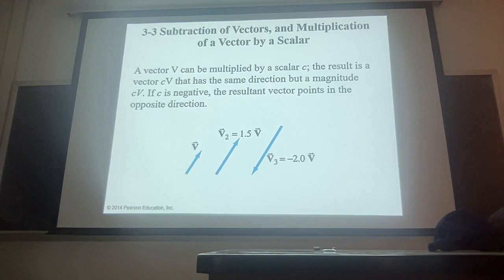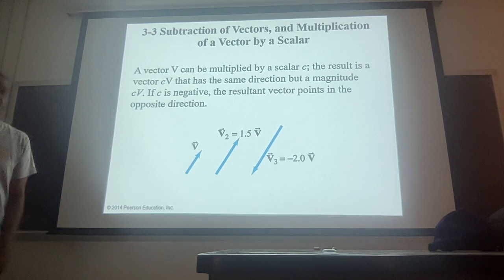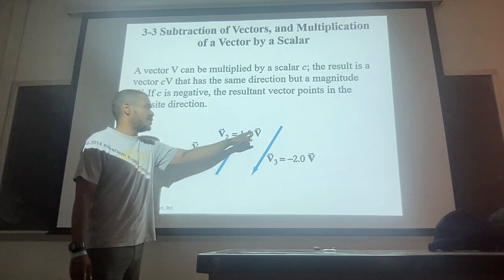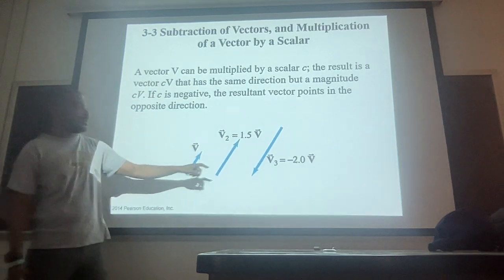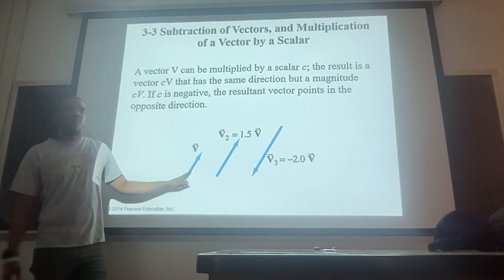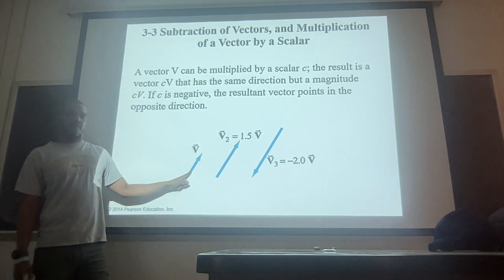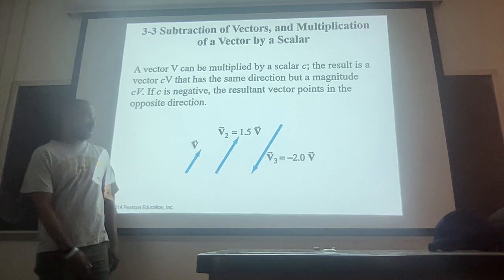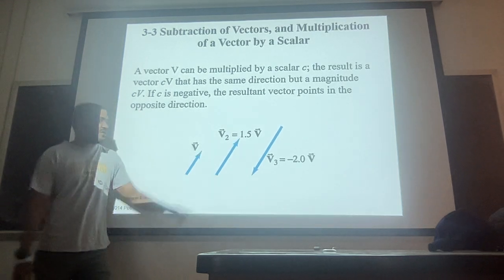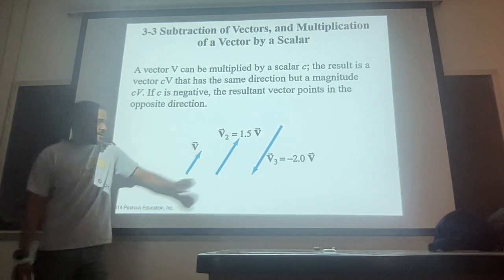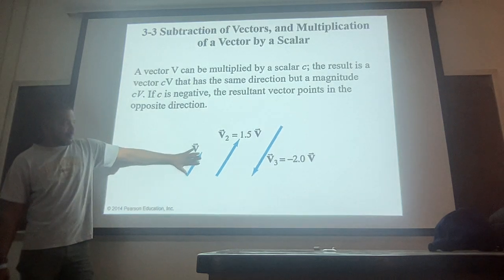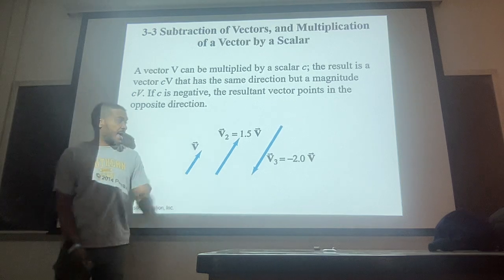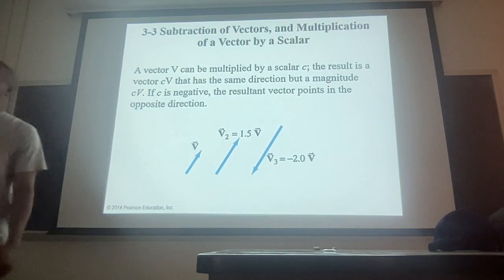And so we can also scale vectors, right? We can scale them by just multiplying them by a scale factor. So if we wanted to make V, which is here, 1.5 times itself, 1.5 times V, which is V2, that must be 1.5 times bigger.